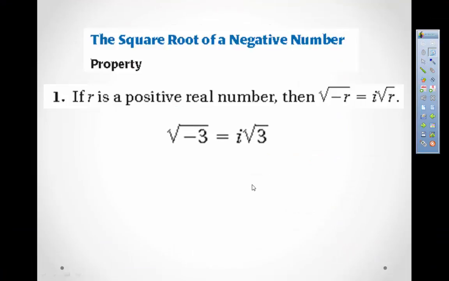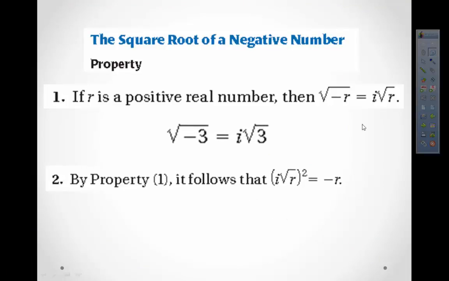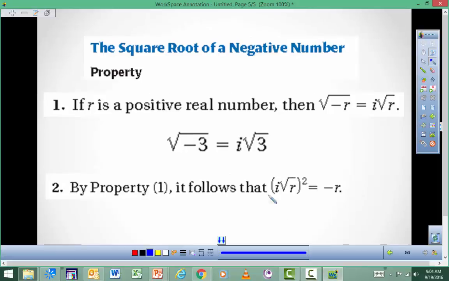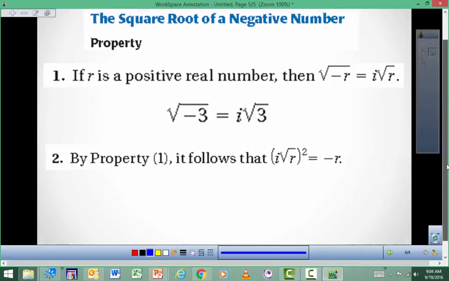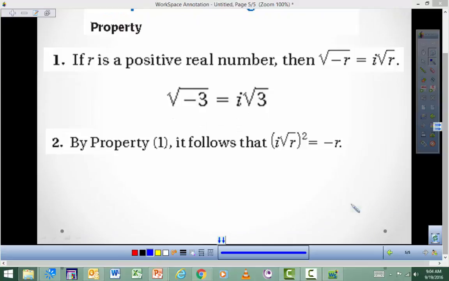Here's another one. This one is saying, look, if you square this right here, you get negative r. Maybe we should see the sequence of steps for that, and I'll try to do that here. i times the square root of r, squared.